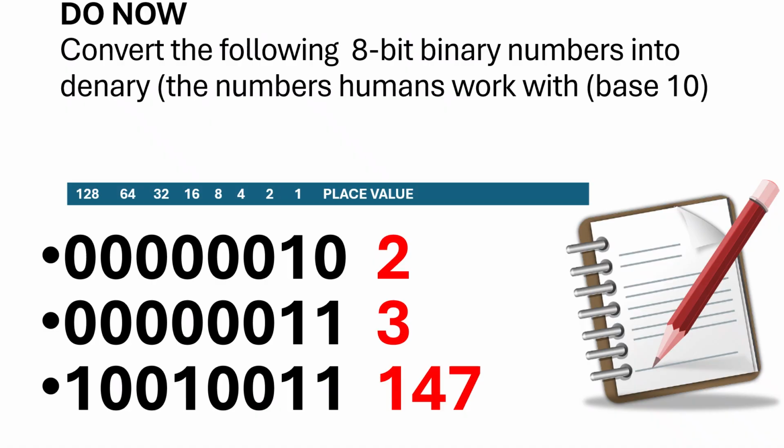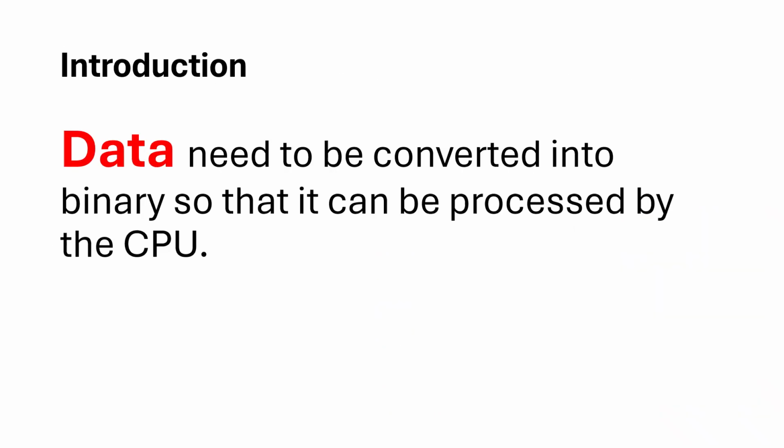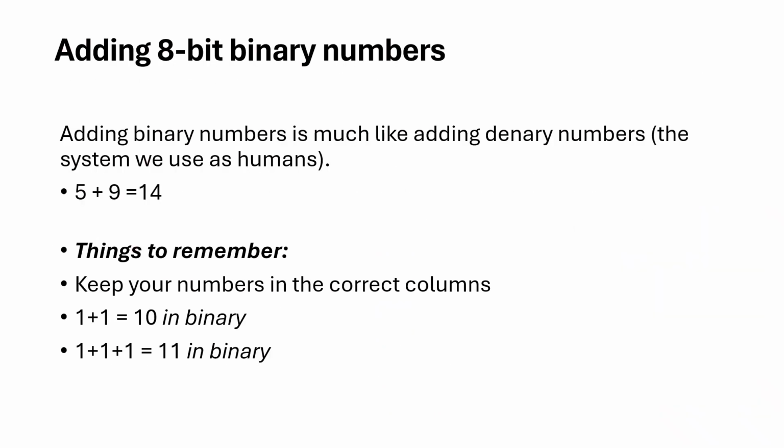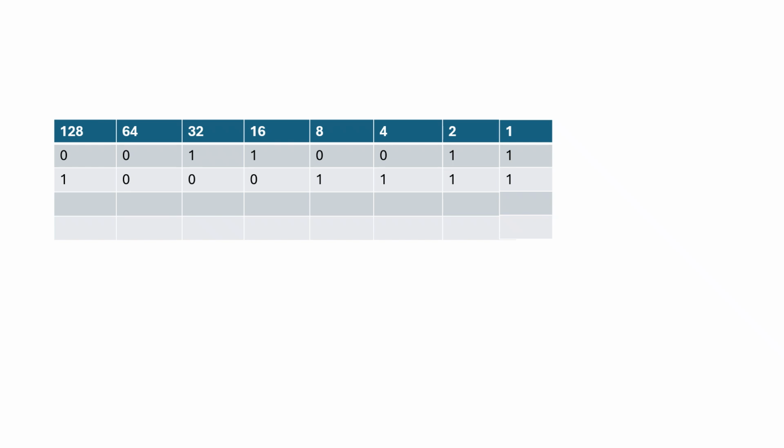Try this. The same thing with 3, and then the 147, you could see that there's 1 under the 128 already. And then you add 16 and you add 2 and 1, and that makes up 147. So that's another example.